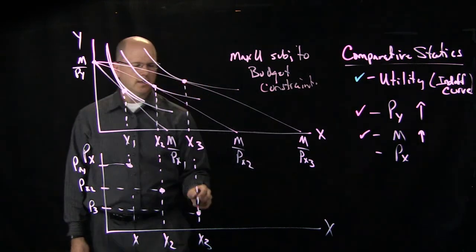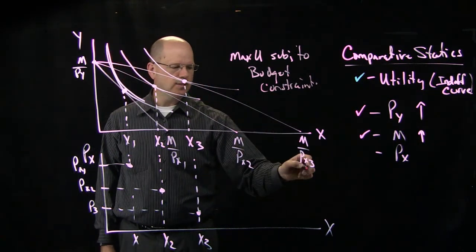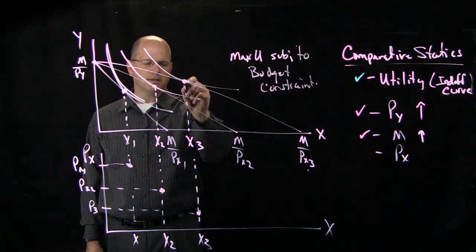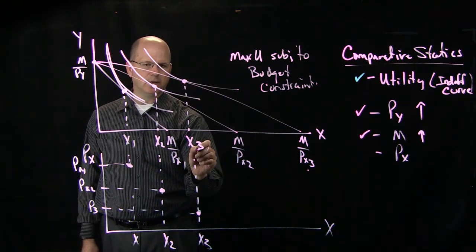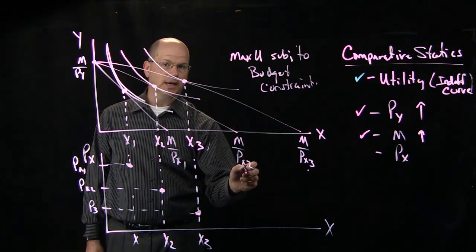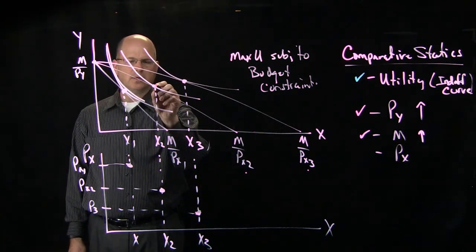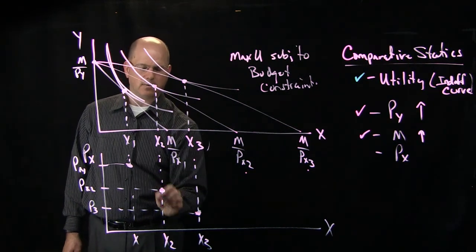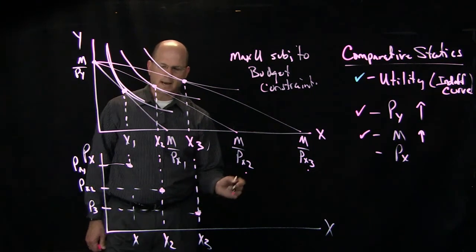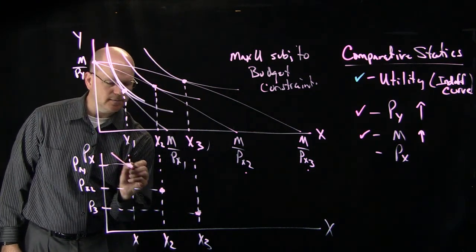Okay, when the price of X is PX3, the consumer maximizes utility subject to their budget constraint by buying X3 units. We're going to plot that one down here. Price of X is PX2. They maximize utility subject to their budget constraint. We're going to plot that one down here. Same thing for PX1.